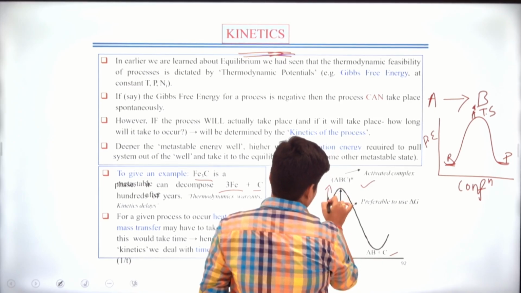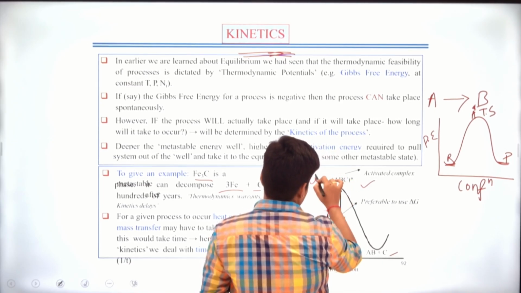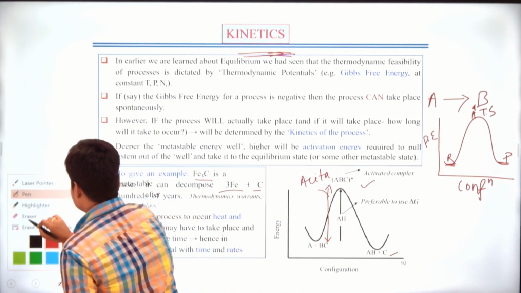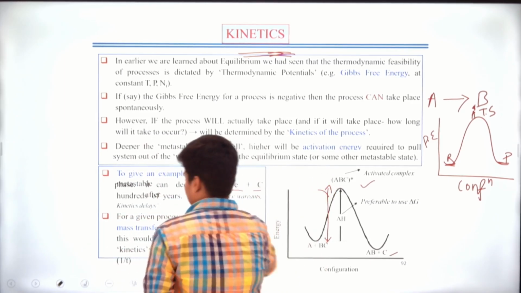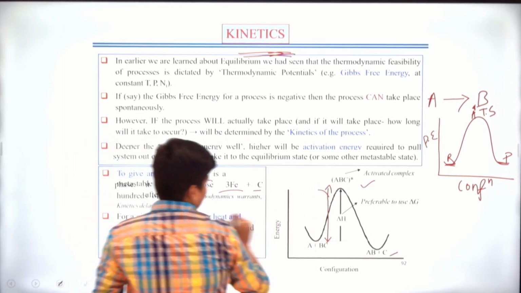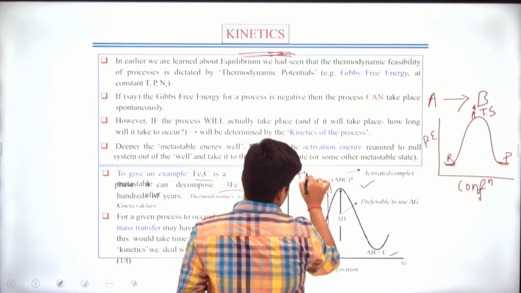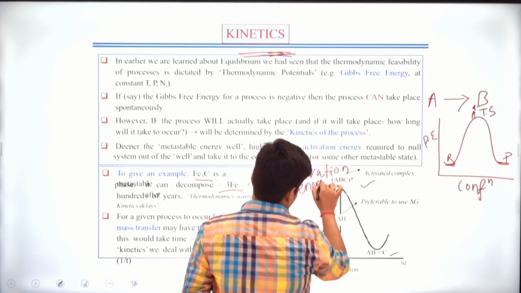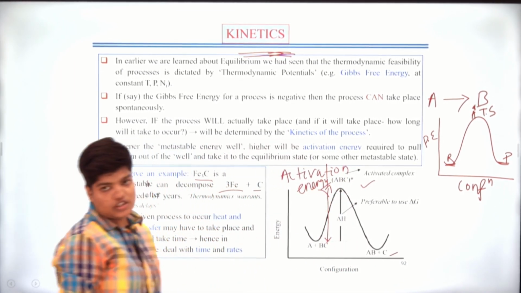We can say del H is the activation energy. The activation energy will be more or not.